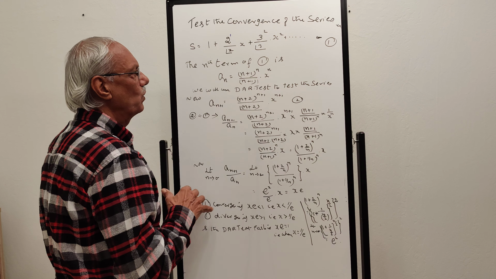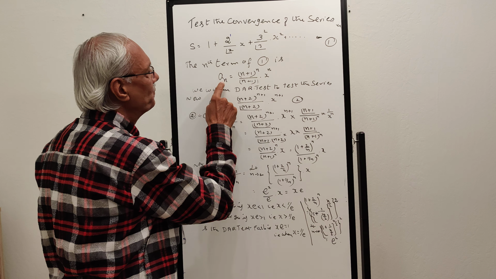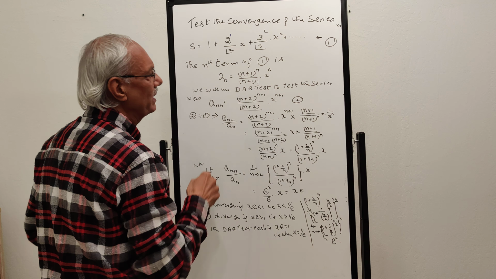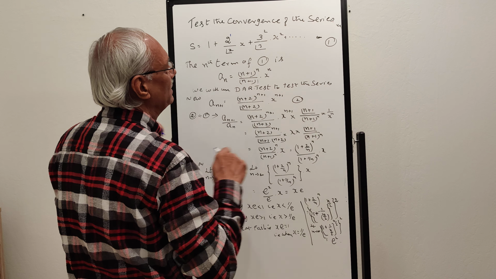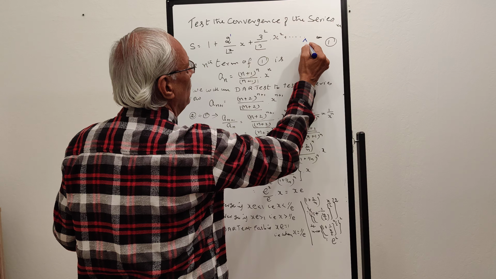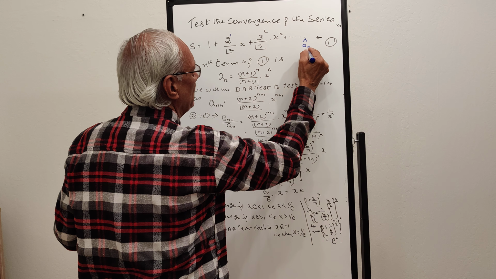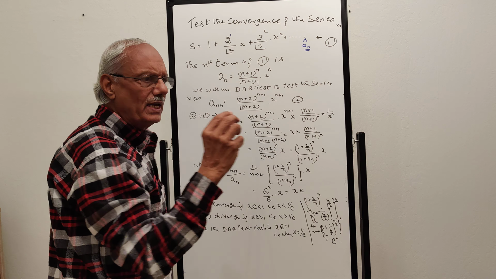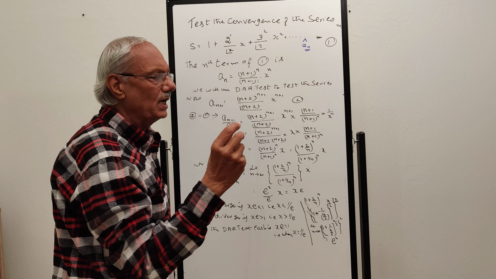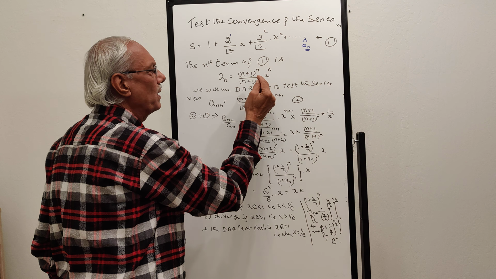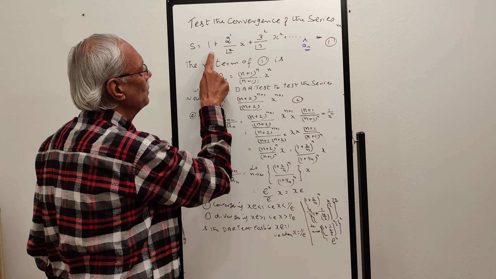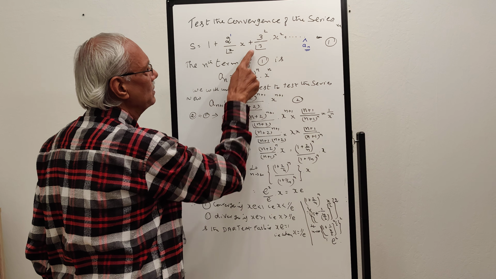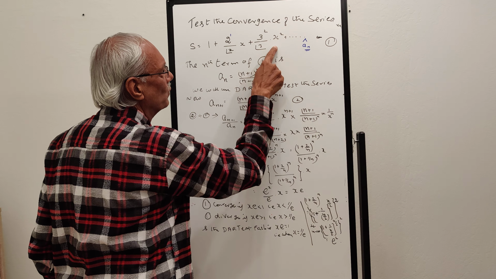Here in this problem, I find the nth term. You can see that I have written the nth term here. Let us call it a_n. And this a_n is nothing but the term written in such a way that when you apply n equal to 0, you get the first term, n equal to 1 the second term, n equal to 2 the third term, n equal to 3 the fourth, like that.